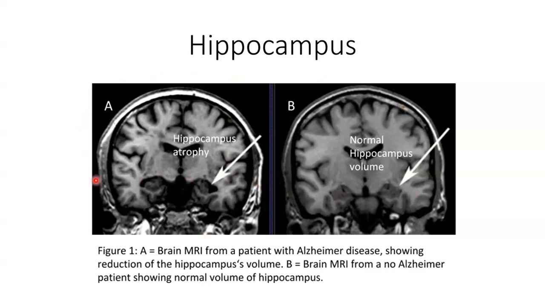In the image on the left, image A, this is a patient with severe Alzheimer's. And you can see down here, which is where our hippocampus will usually sit, that area has been atrophied, or withered away. If you look on the right-hand side of the screen, this is a healthy person. Where the hippocampus is, that brain tissue is still intact.